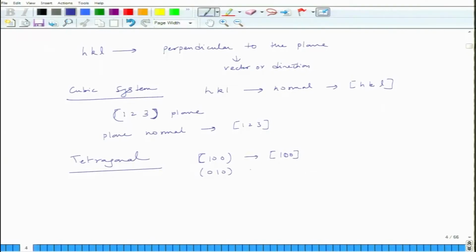So, they are fine. 0, 1, 0 and 0, 1, 0, they are fine. 0, 0, 1 and 0, 0, 1, they are fine. 1, 1, 0 and 1, 1, 0, they are fine, but 1, 0, 1 and 1, 0, 1, they are not fine.